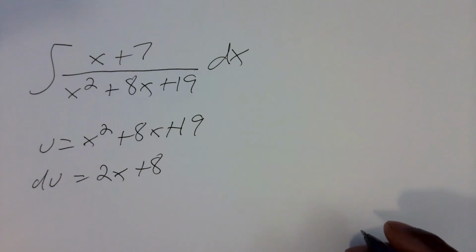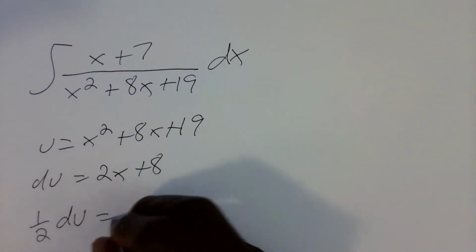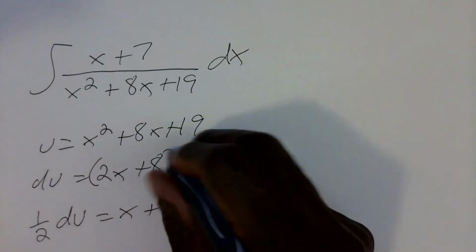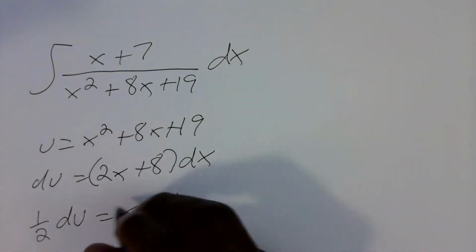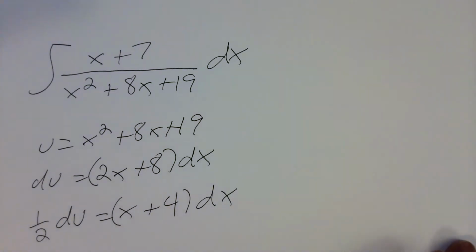So we'll do a little algebra. Dividing by 2, 1/2 du is x plus 4 dx.